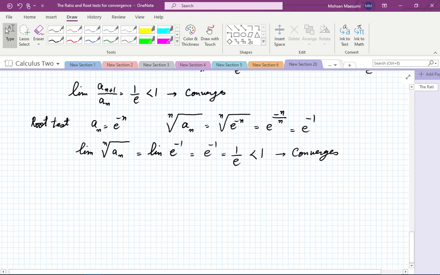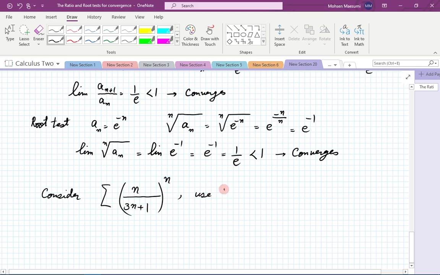Okay, so maybe I better do another example of this so that... consider, say, n over 3n plus 1 to the power of n.